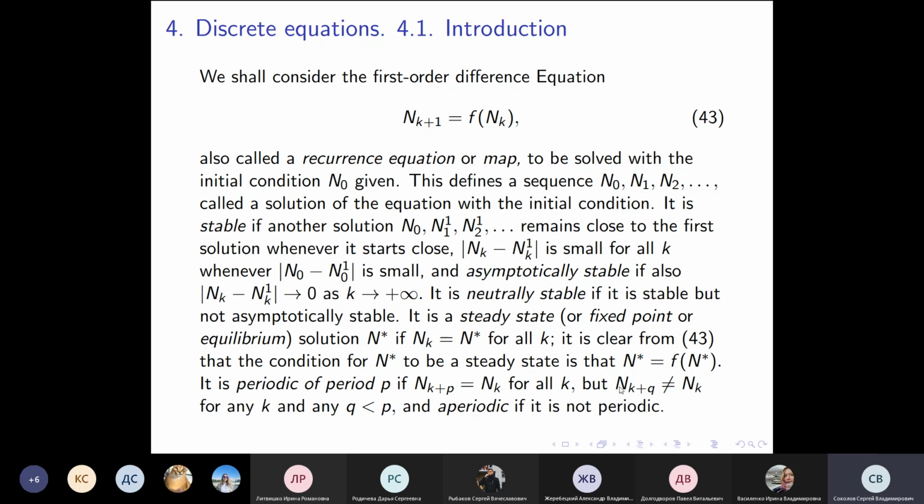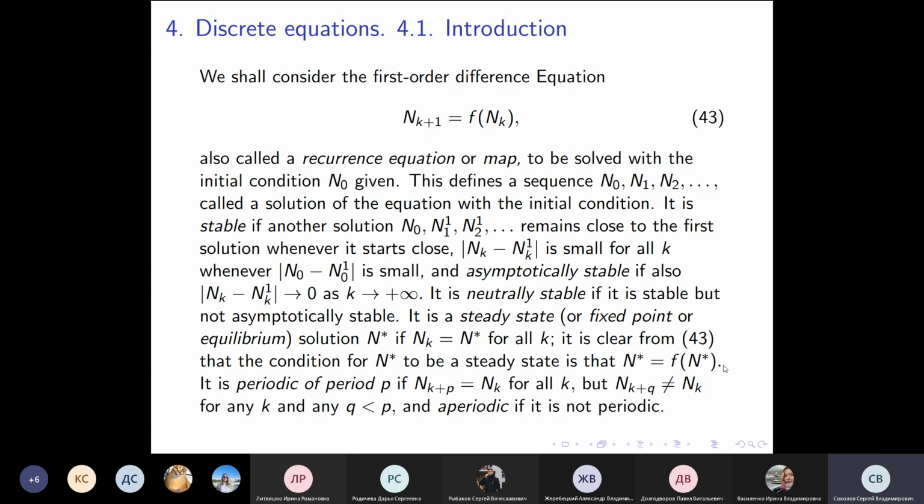In differential equations, the condition for equilibriums was f of n_est is 0. That's the first main difference between differential equations and difference equations.